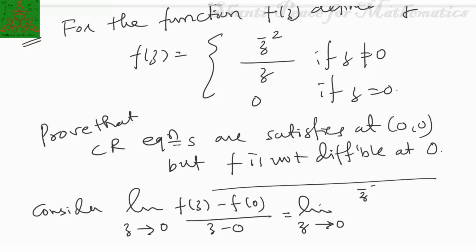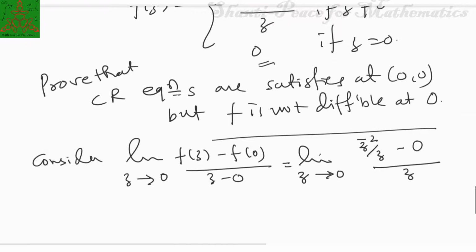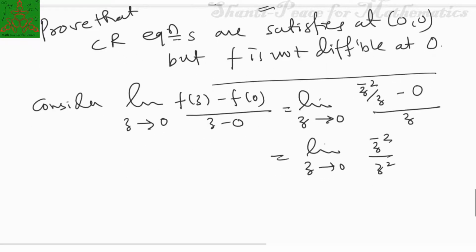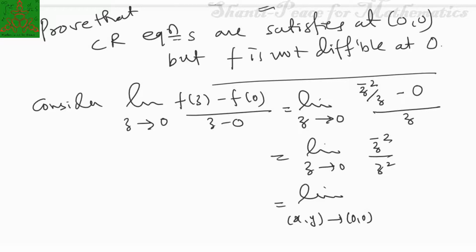So it is z bar square upon z minus f of 0, which is 0 as given, so it is 0 upon z. So finally you will have the limit as z tends to 0 of z bar square upon z square. If you write this in terms of x and y, that limit can be rewritten as the limit as (x, y) tends to (0, 0) of (x minus iy) square upon (x plus iy) square.